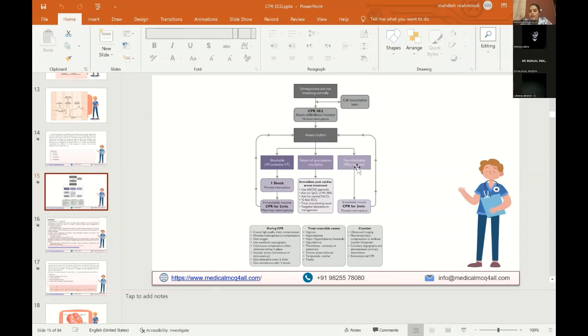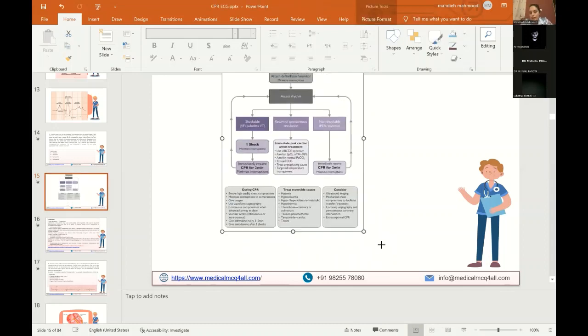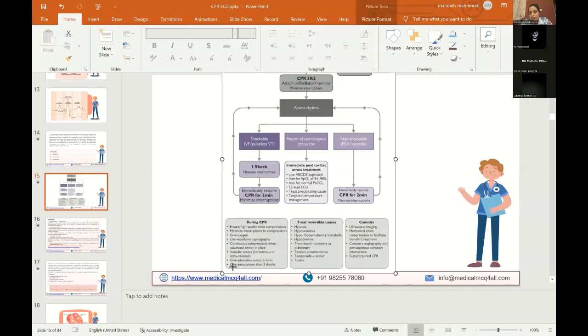In pulseless electrical activity, you do CPR, and in the drug part, you give adrenaline every 3 to 5 minutes, and here it says give amiodarone after 3 shocks. So that is only for shockable rhythms, VF and VTAC. As you can see, adrenaline or epinephrine is the only drug you see in this algorithm.